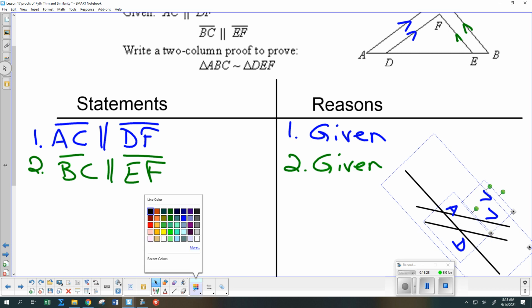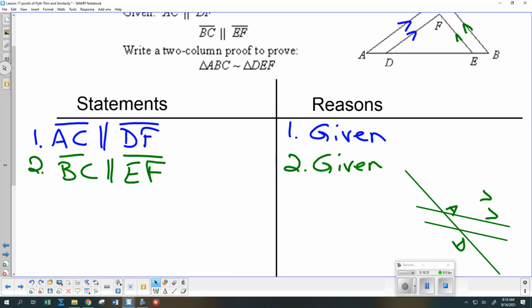I had two angles that were inside my triangle here. I have one right here. And I have one angle right here and one angle right there. And so on this picture, here's that angle and that angle.